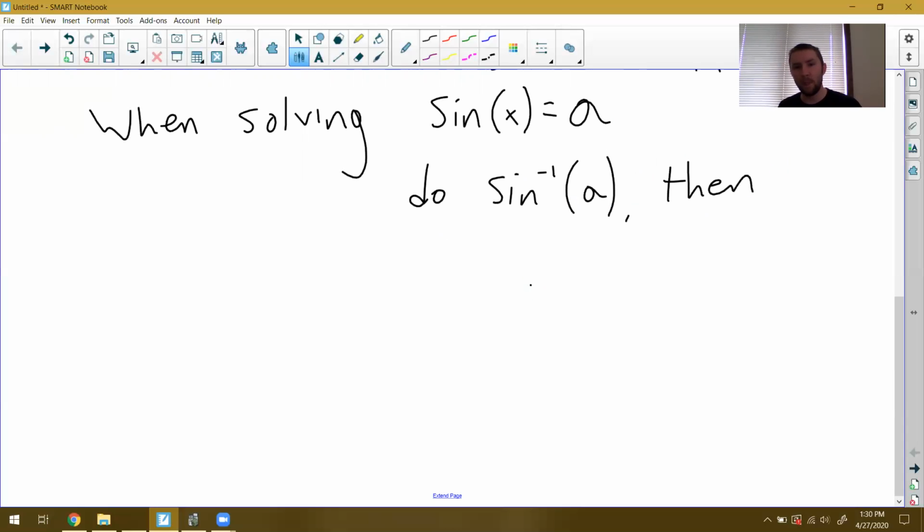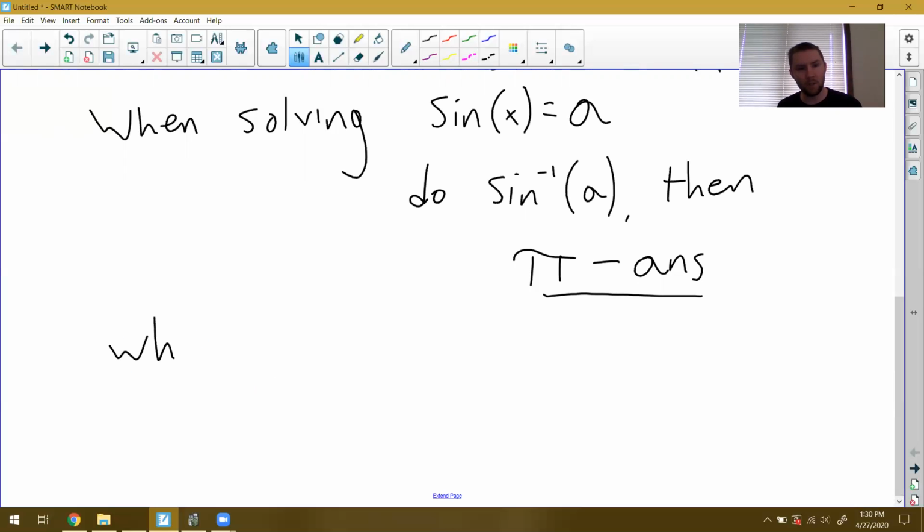Then we do pi minus that answer. So when you're doing sine of x equal to some value, we do sine inverse on the calculator first. That gives us the first answer, the one on the right-hand side of the unit circle. Then we do pi minus that answer. That gives us the second value on the unit circle.